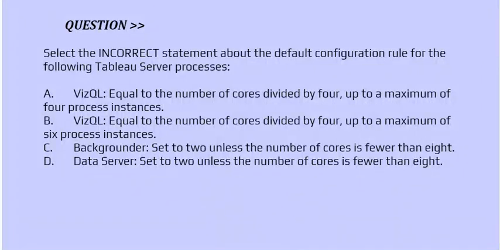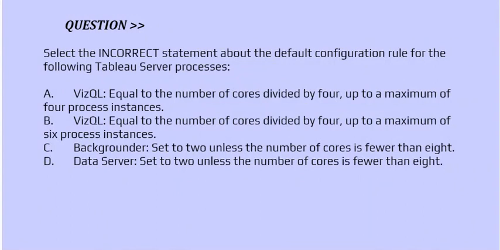Next question is select the incorrect statement about the default configuration rule for the following Tableau Server processes. Option A. VizQL equal to the number of cores divided by 4, up to a maximum of 4 process instances.